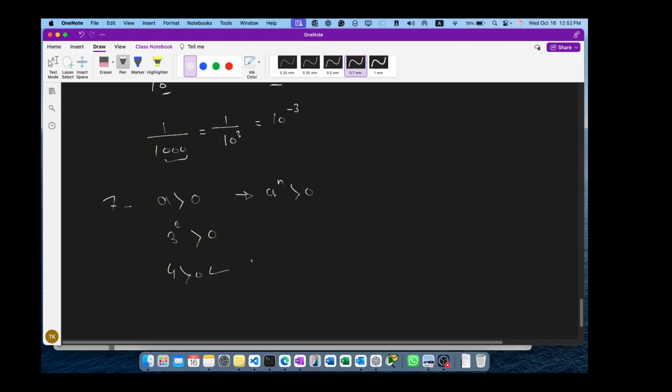So any power added to 4 will keep the result bigger than 0. Let's say 4 power 2 is still bigger than 0.